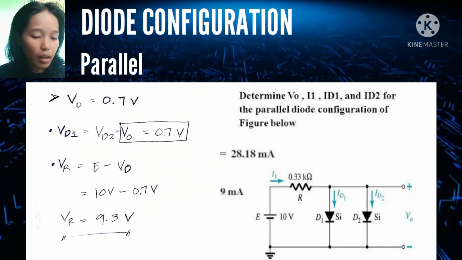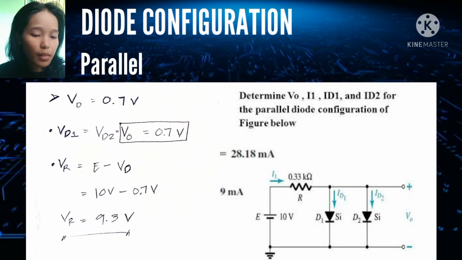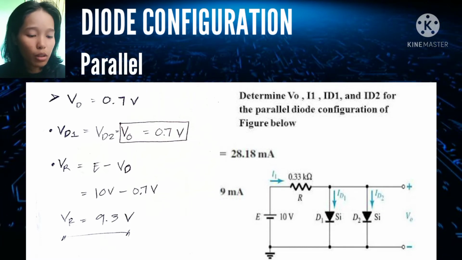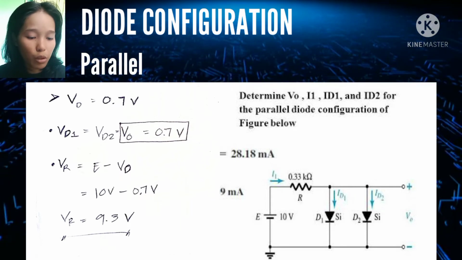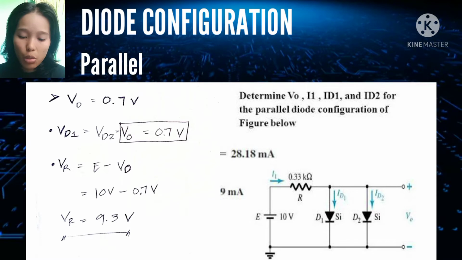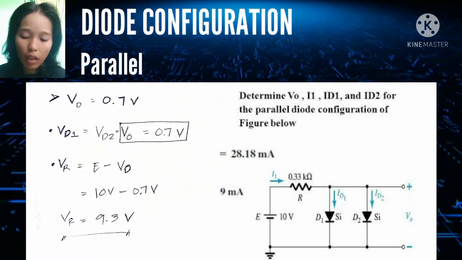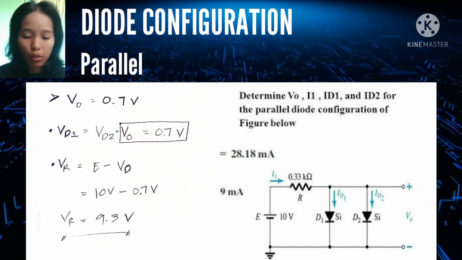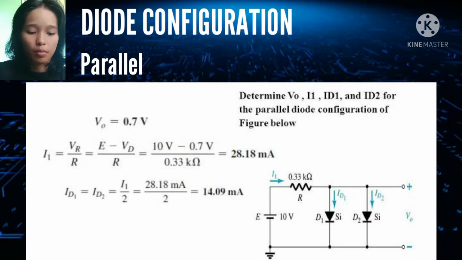D1 and D2 are in parallel, so VD1 and VD2 are equal, and also V0 is equal to 0.7 volts. Our VR will be equal to 9.3 volts, since VR is equal to external voltage minus VD, and our external voltage is 10 volts. So 10 volts minus 0.7 volts is equal to 9.3 volts.